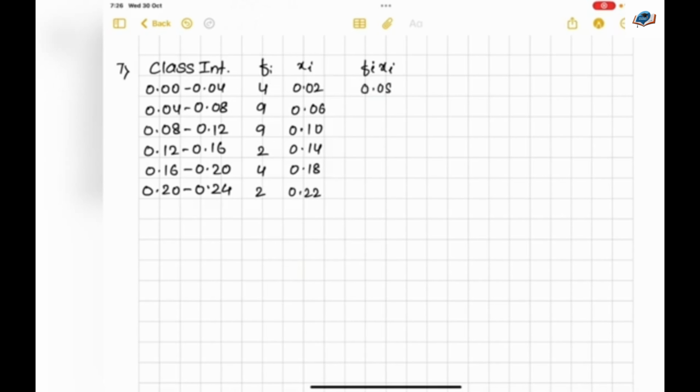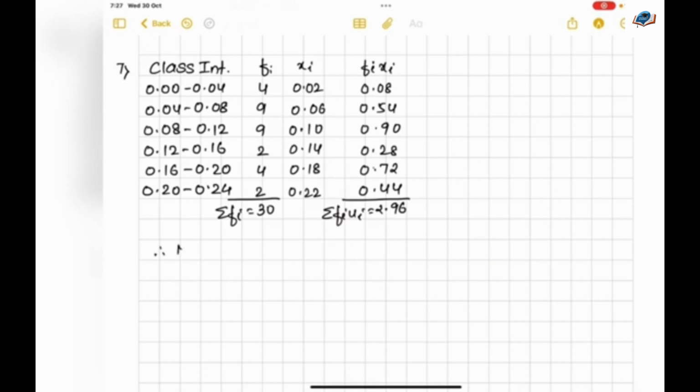Now if I use direct method, fi xi, so that will be 0.08, 0.54, 0.90, 0.28, 0.72 and 0.44. And if I do sigma fi, so that is coming as 30. And if I add sigma fi xi, so that is coming 2.96.